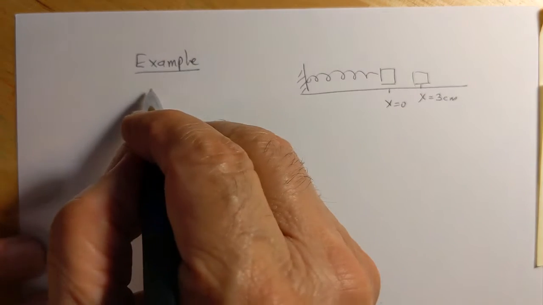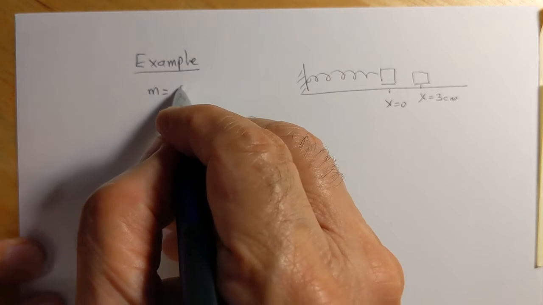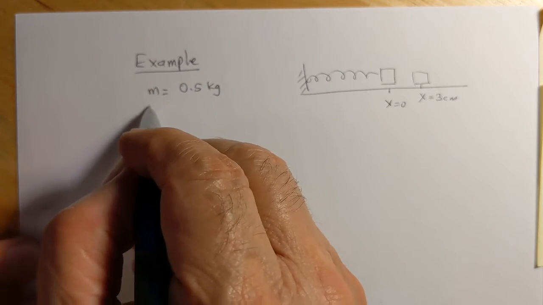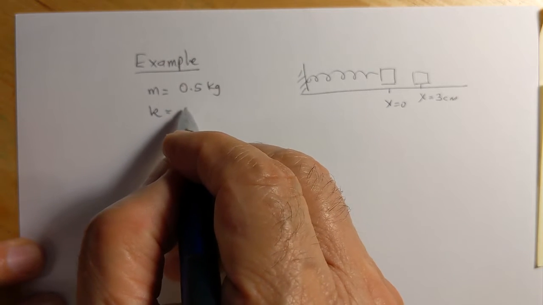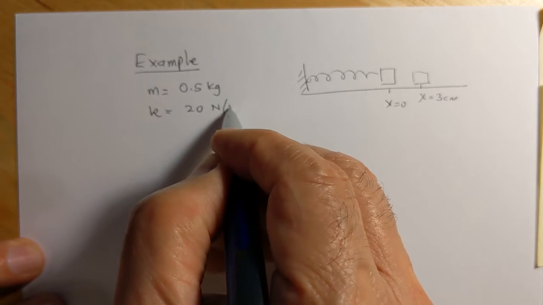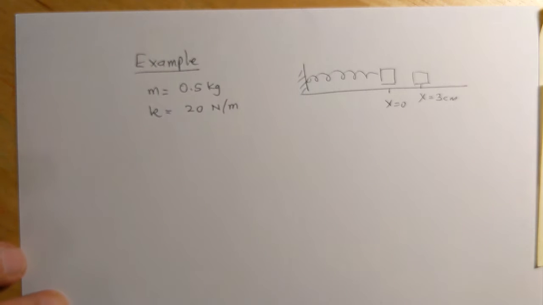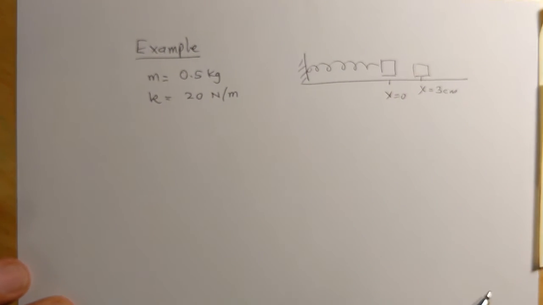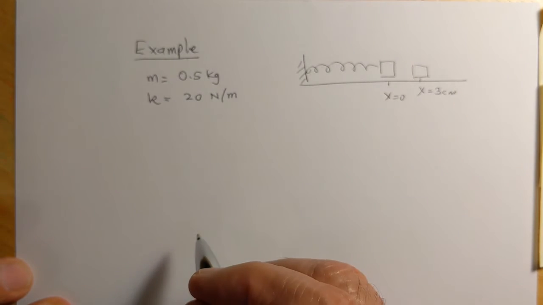The mass is 0.5 kilograms, and the spring constant is 20 newtons per meter. And we would like to find a number of things, so we'll write them as we go along.